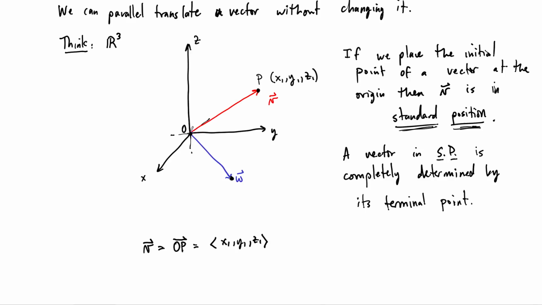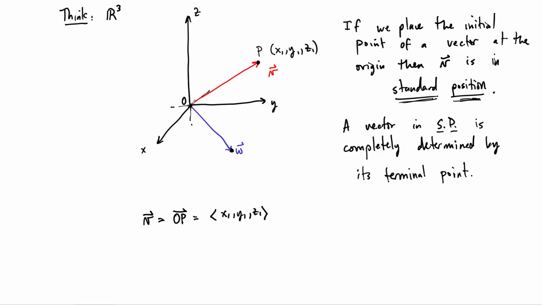And the reason I waver between 2 and 3 pieces of information, right, is because that in turn tells us we are in standard position. So the origin being the initial point, so initial point at the origin, that's the same as standard position. So vectors in standard position can be represented by their terminal point just like this.